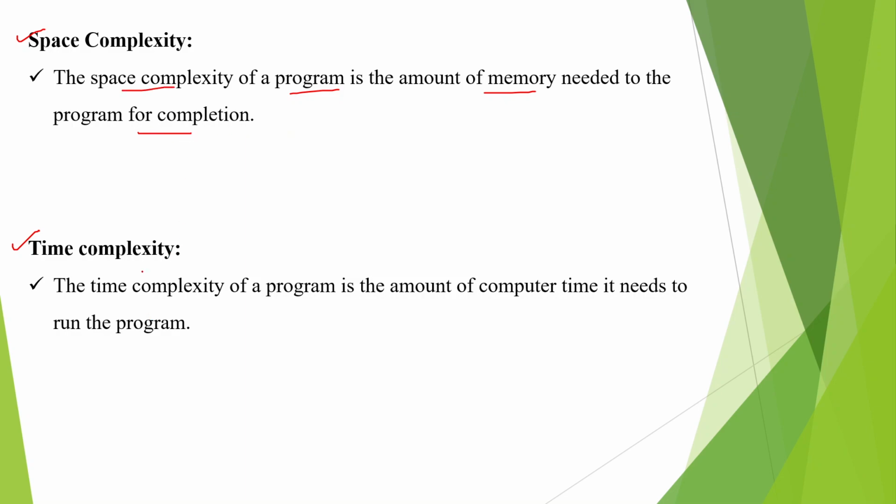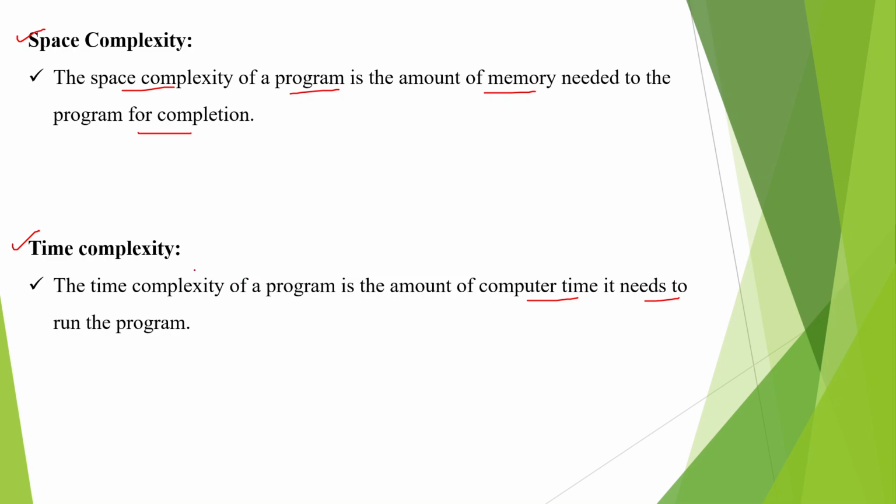Then time complexity is also very simple. Time complexity of a program is nothing but the amount of time. Here time means computer time, the amount of computer time the program needs to complete the execution process. That is the time complexity analysis.